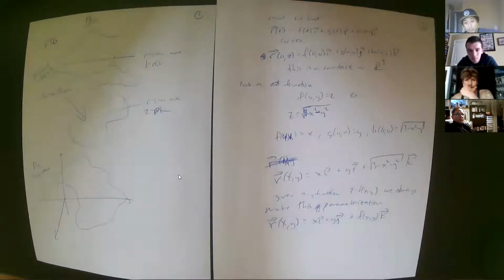So if I have a function, a parameterization for that surface is very easy. I pick my 2 independent variables as my parameters, and then my k value is just the function. That's that, right? Any questions about that? This should be exactly what we did when we talked about parameterizing curves, but now in 2 dimensions.